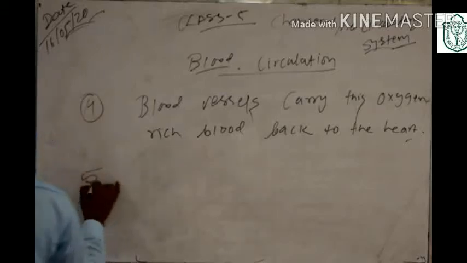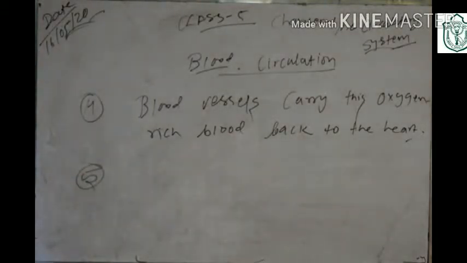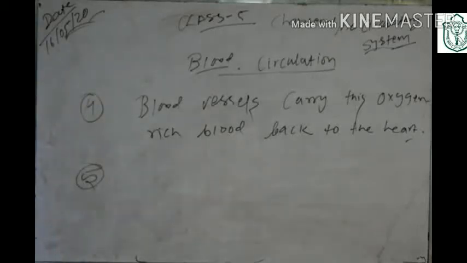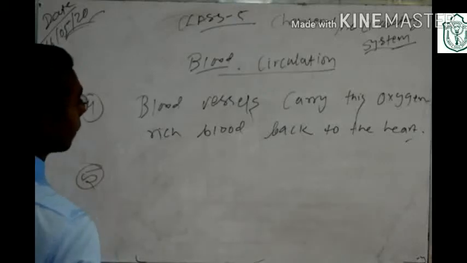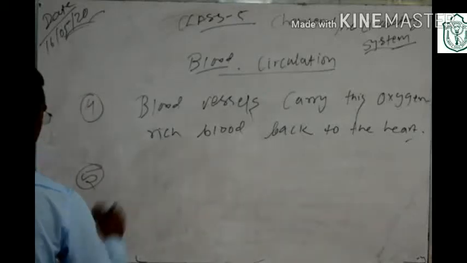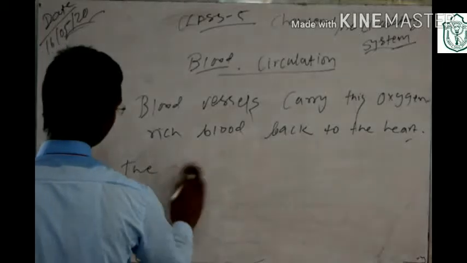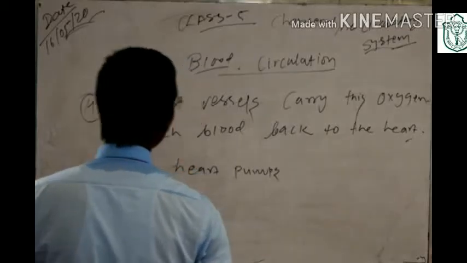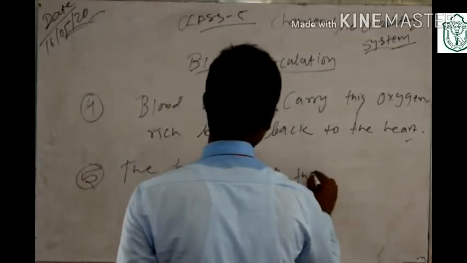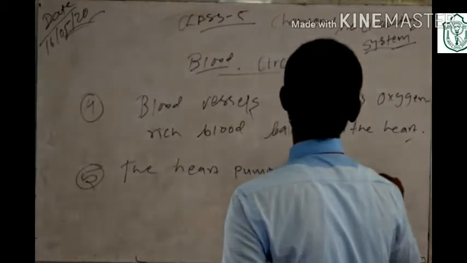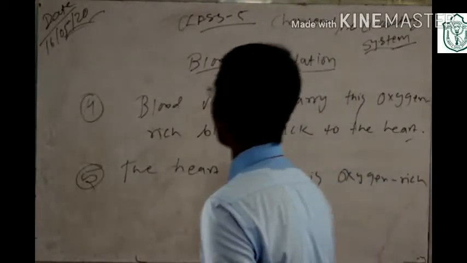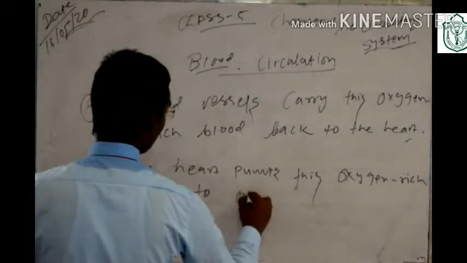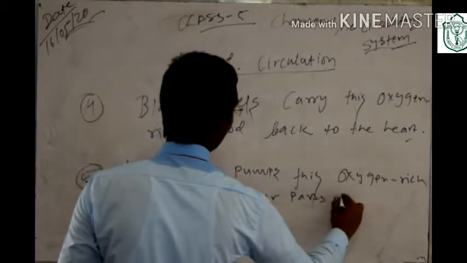And after receiving this oxygen-rich blood, the heart pumps this oxygen-rich blood to the different parts of the body.